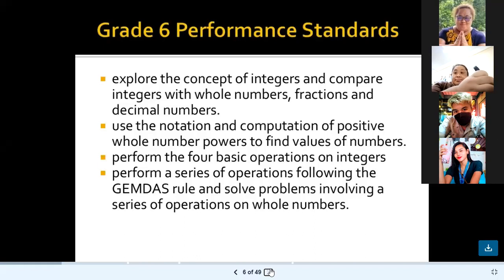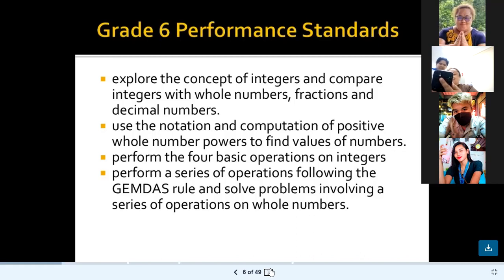Explore the concept of integers and compare integers with whole numbers, fraction, and decimal numbers. So, like example, ma'am, ang whole number niya is ang 3, then example, ma'am, is 3, tapos 2, 3, ayun, basta, ma'am, i-compare mo ang whole number sa integers niya, ma'am, para makuha mo ang iyang decimal numbers.